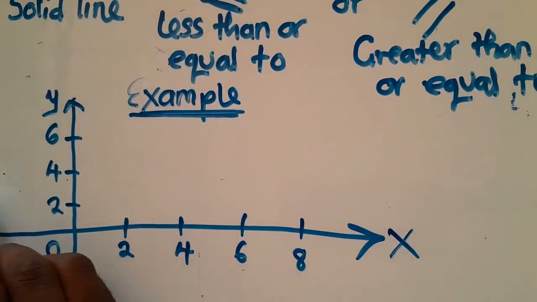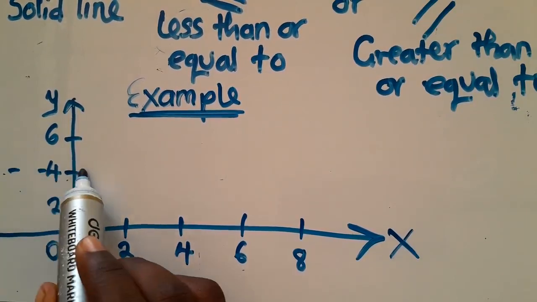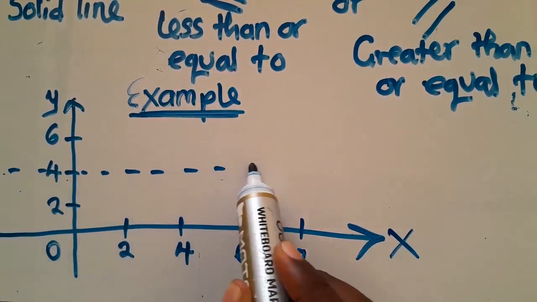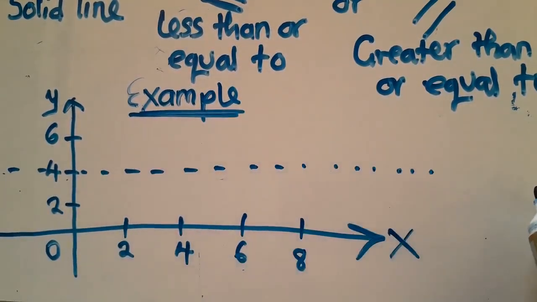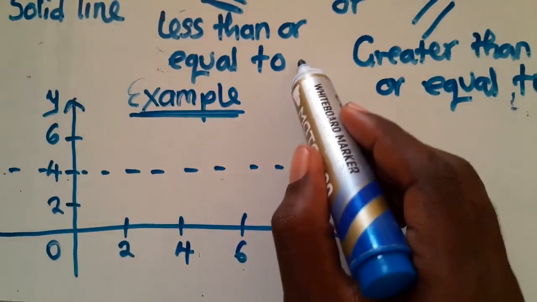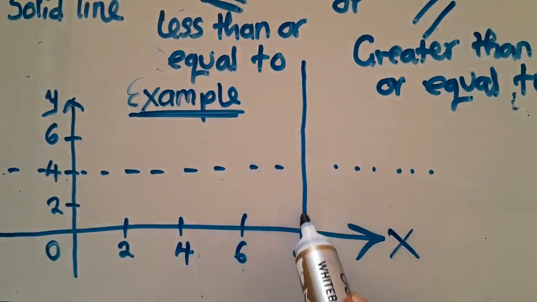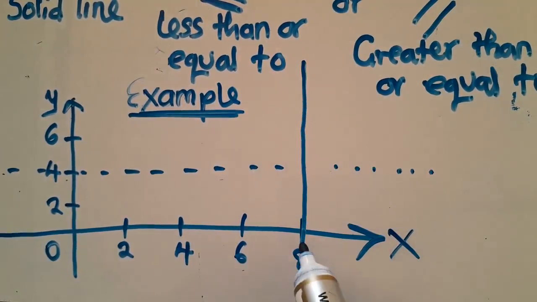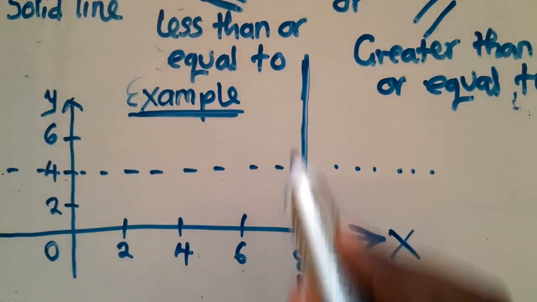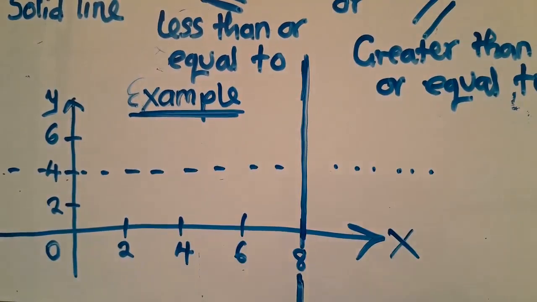There is a dotted line passing through here. Then we also have a solid line like this, passing through 8. So I've written two lines here.